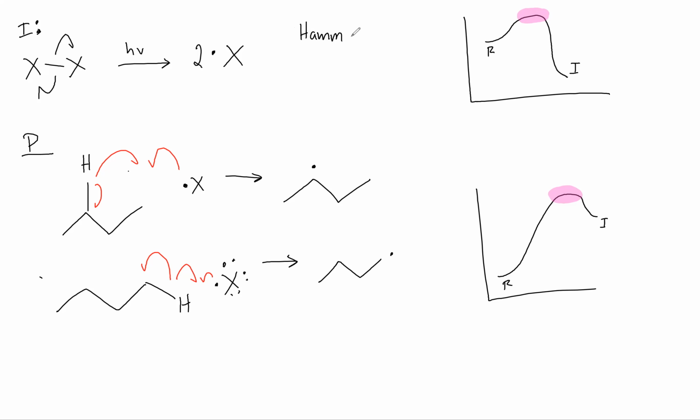I cannot spell Hammond. The Hammond postulate. So because of the Hammond postulate, that can force one of these two different intermediates to be preferred. How? Well, let's look at our transition states. So for both of these.